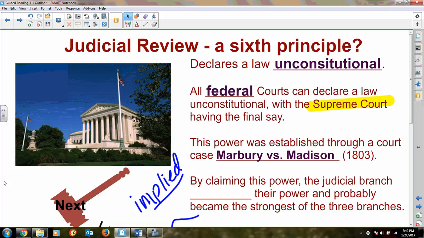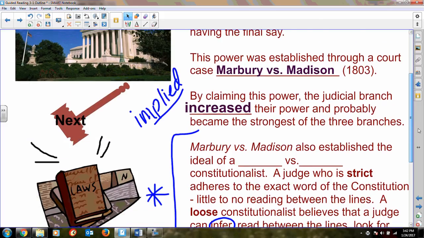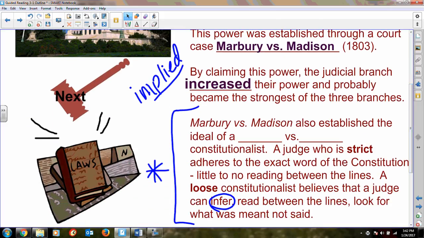What the Supreme Court ruled was that it was under the authority of the president to appoint judges, but the Constitution said they needed to be confirmed. And so Marbury was denied his job. By claiming this power, the judicial branch increased the power of the judges.